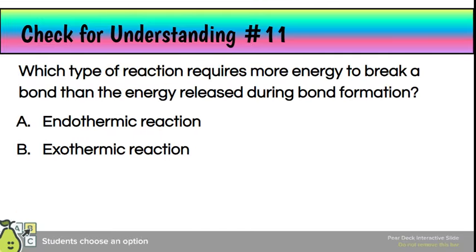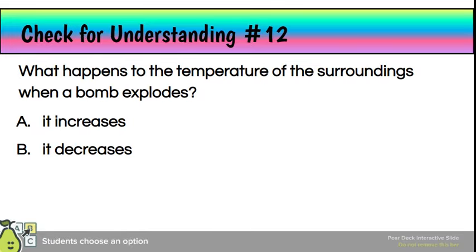Number 11, which one requires more energy to break a bond than energy is released during bond formation? Exo or endo? Number 12, what happens to the temperature of the surroundings when a bomb explodes? So think about whether it's endo or exo, and then what's going to happen to the temperature of the surroundings because it's endo or exo.